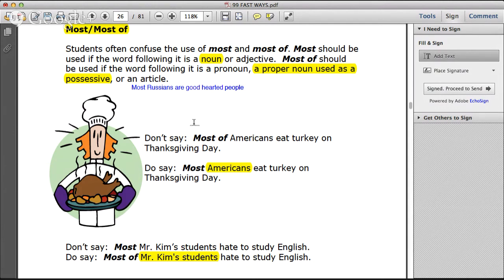And most of Russian students. Okay, so you'd have to have the most of Russian students. Most of the Russian students likes to go America.